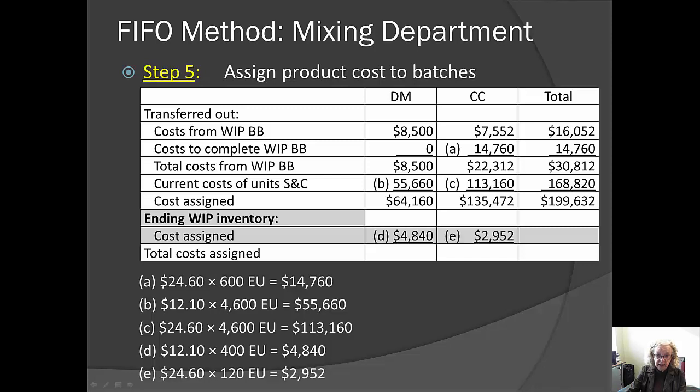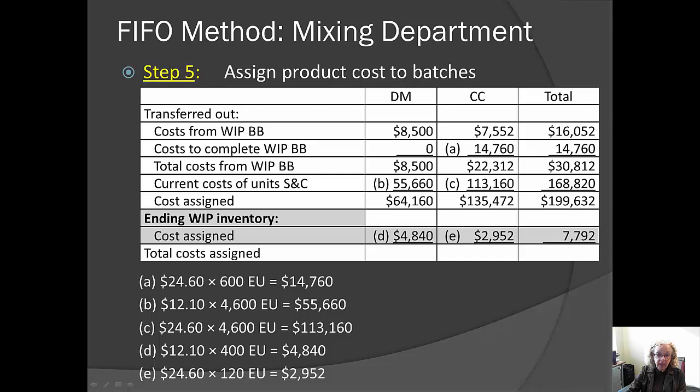And we can do the same thing for conversion, but remember, those units were only 30% complete for conversion. So 400 units, 30% complete, represent 120 equivalent units for conversion, and then multiply that times the cost per unit for conversion.